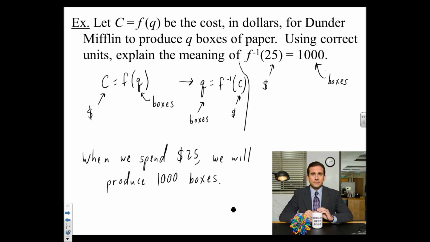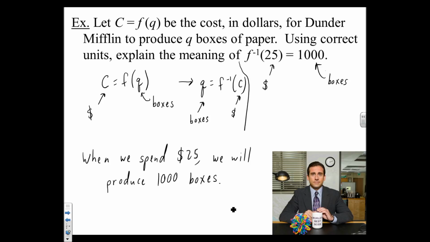There are a lot of ways to adjust this, and there are different ways to rephrase it. Certainly this is not the only answer. But the best thing about this is, number one, it says the units, $25, 1,000 boxes, and that 25 represents that input. So I would say a bad answer would be to write these in reverse. When we produce 1,000 boxes, we're going to spend $25. That would be a bad answer because, again, let me say that again. When we produce 1,000 boxes, it costs us $25.